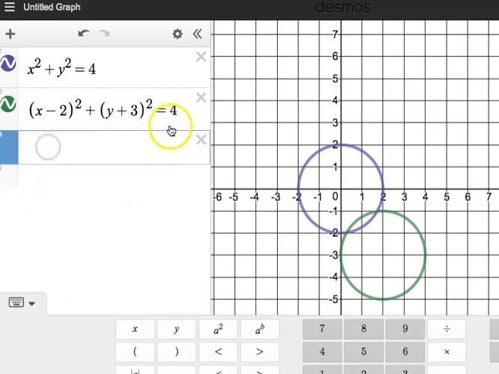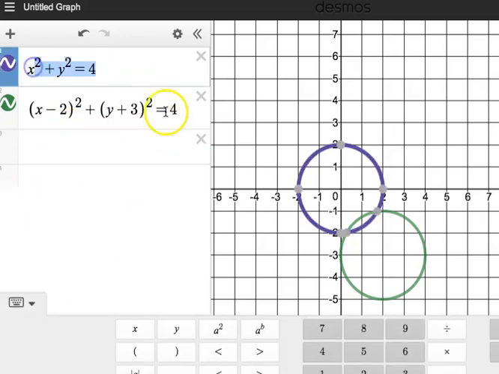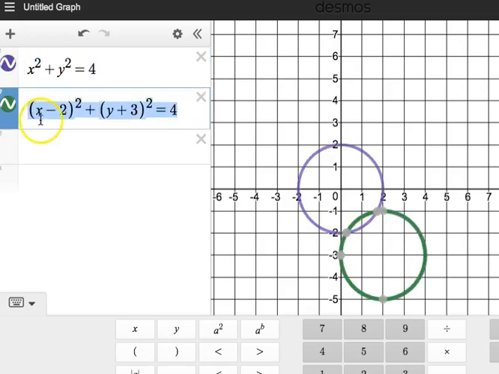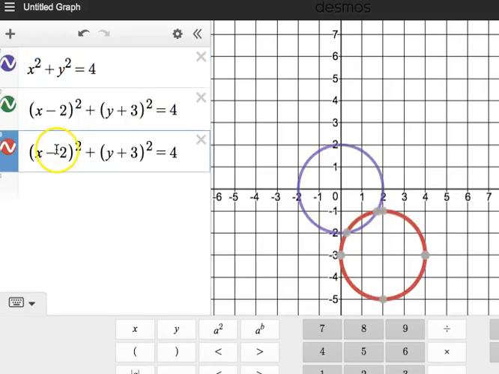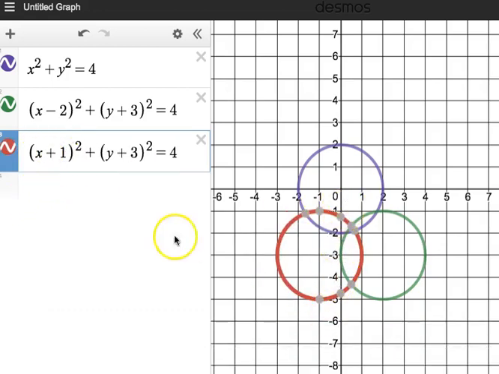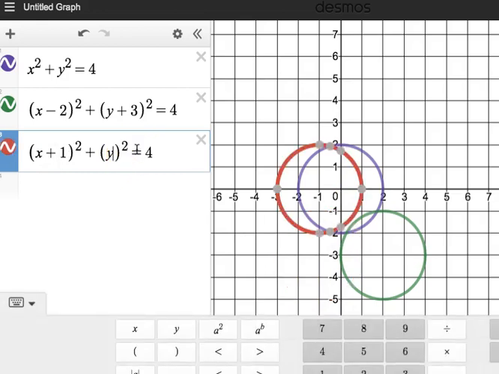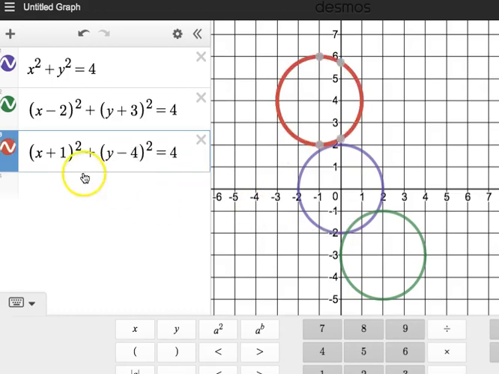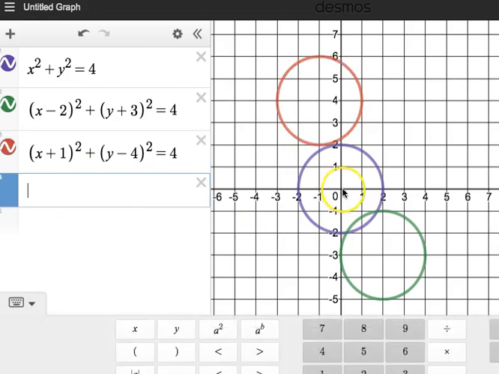Now I'm going to take this one again, and we'll shift it 1 unit to the left, and let's go 4 units up, for example. So the new centre is (negative 1, 4), so it's been shifted 1 unit to the left and 4 units up.